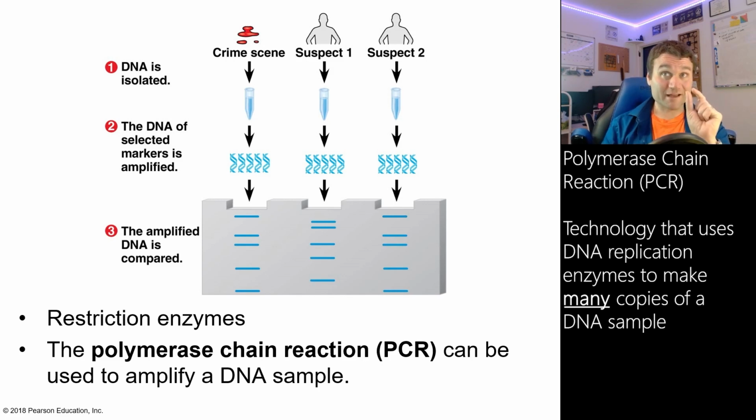Those thermophilic organisms have enzymes that operate at high temperatures. They would have to. And finding those was the key to getting this technology that allows us to copy as much DNA as we want, and that allows us to run all kinds of different tests. So PCR is another good technology to know about.